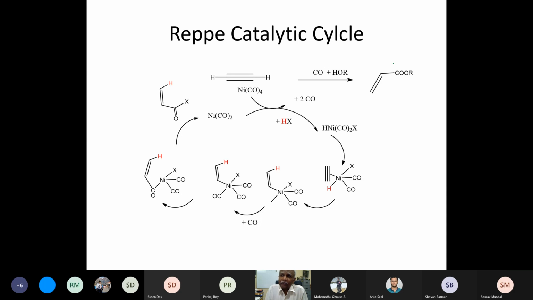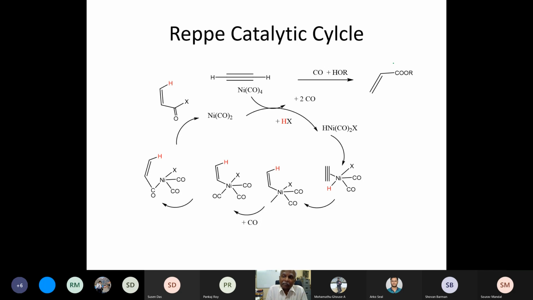So carbon monoxide reacted with HX. I have written the catalytic cycle for you with HX. HX needs to be there only in catalytic amounts, and it is in all probability some halide that is present, because NiBr2 was used as a starting material for generating the nickel tetracarbonyl.